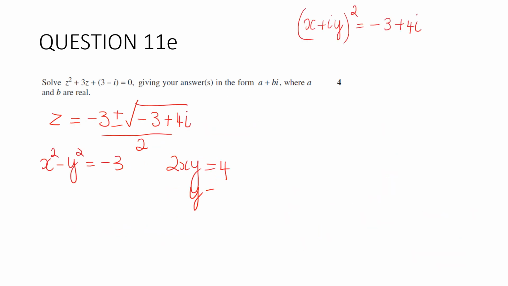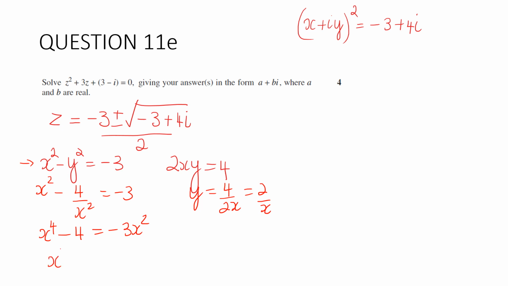Okay, making y the subject, we get 4 on 2x, which is equal to 2 on x. And substituting in here, we get x squared minus 4 on x squared is equal to negative 3. Times everything by x squared. And collecting together, we've got x to the power of 4 plus 3x squared minus 4 is equal to 0.